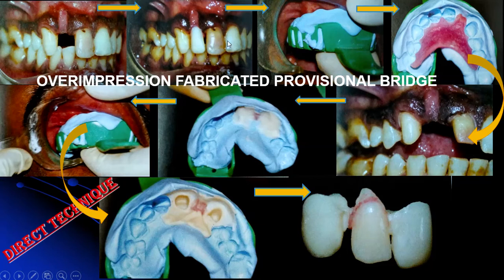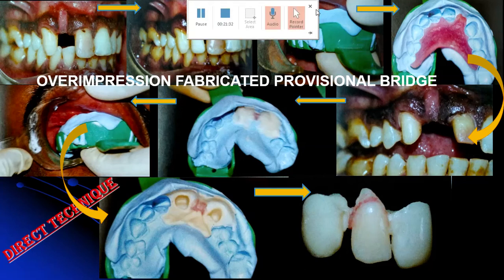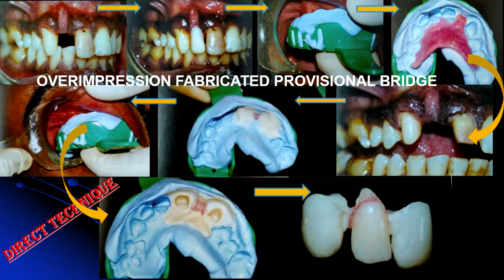Then what we do, we take an impression with alginate. After the impression is set, we remove it from the patient's mouth. After we remove it, we put it on the bench, on the side. This we call the over impression.